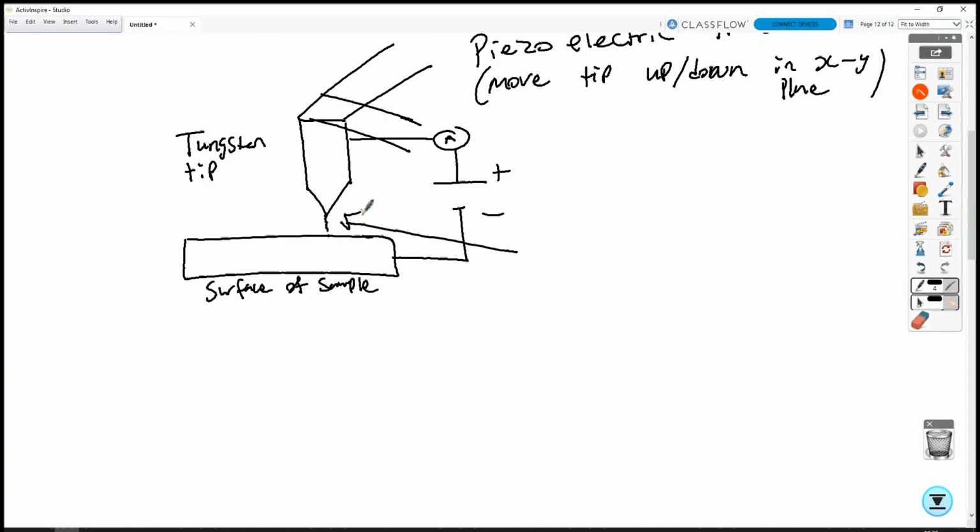So here, the electrons tunnel across the gap, as de Broglie waves.